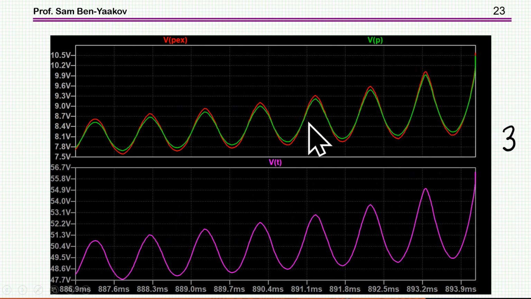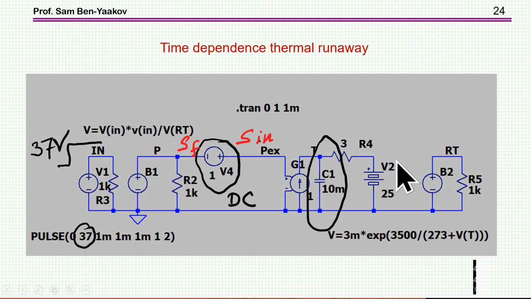I see that the loop gain is just approaching 1. And as I go up, the feedback actually is 1 plus something, some epsilon, which is enough to cause this runaway because I have a gain larger than 1. So this is a demonstration of the system as a feedback loop.